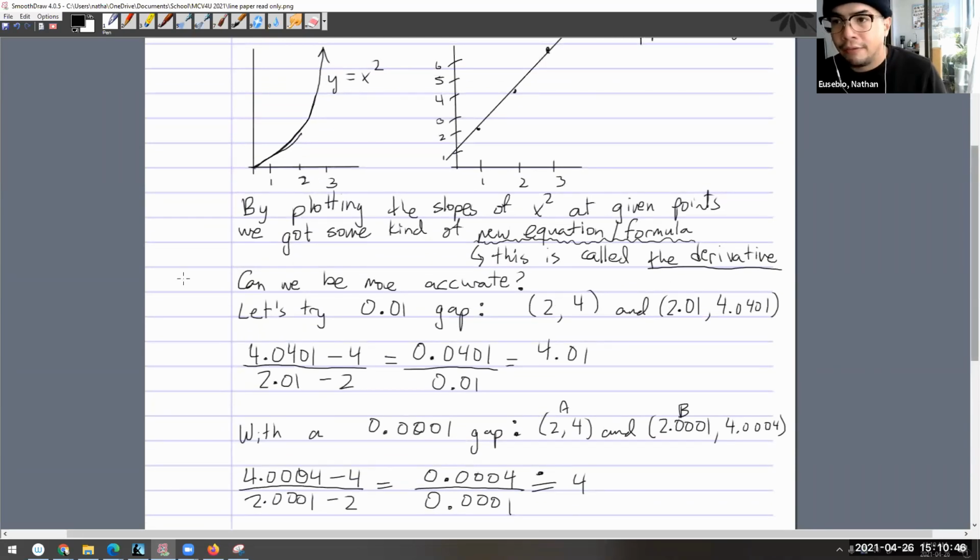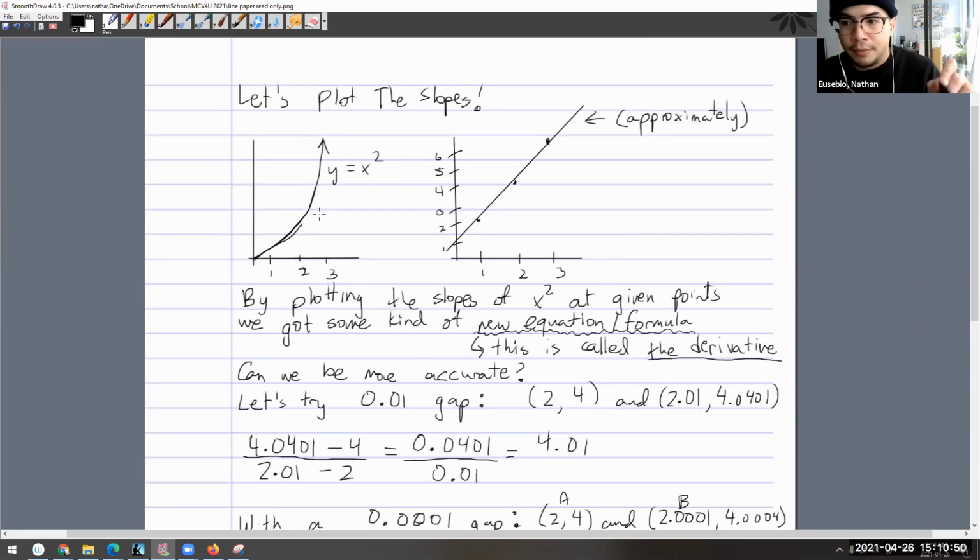I don't want to guess and check. I want to actually find a formula that connects to the slope of my function. As you can see here, on the graph on my right, eventually we'll figure out that this formula gives us the slopes of my parabola. Interestingly enough, we see that the slopes of my parabola change. How is it changing? It changes according to this formula.